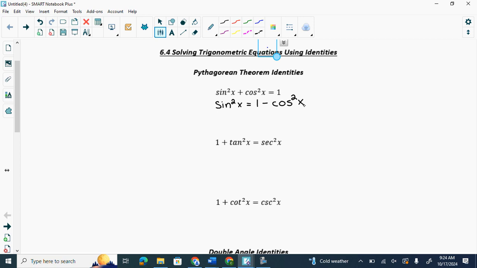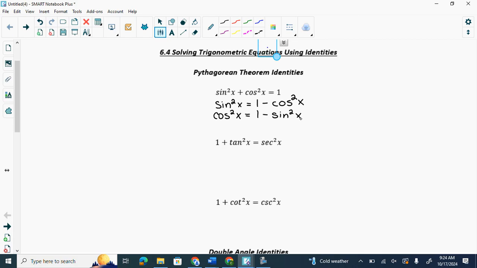What if I wanted cos squared by itself? Cos squared x, what would it equal? 1 minus sine squared x. So if I have cos squared sitting by itself and I need it to go away, I can replace it with a 1 minus sine squared. A sine squared I can replace with 1 minus cos squared. And if I had sine squared plus cos squared anywhere, I could just replace it with the number 1.